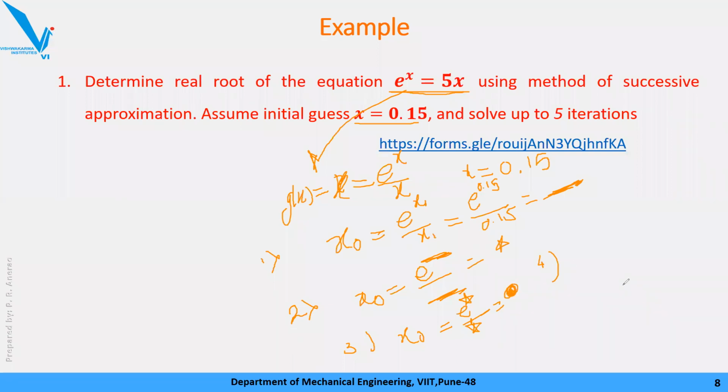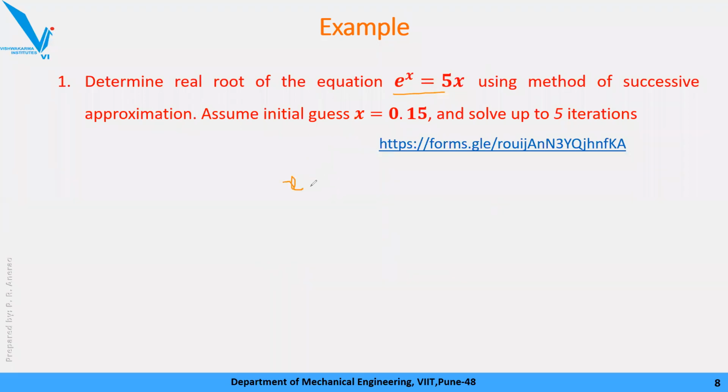Okay, and so on. Sorry, this should be 5. X equal to e raised to x divided by 5. Sorry, use this function and initial guess x equal to 0.15.